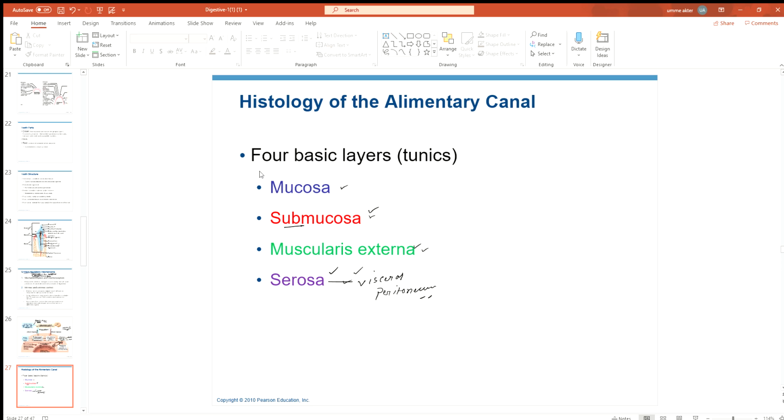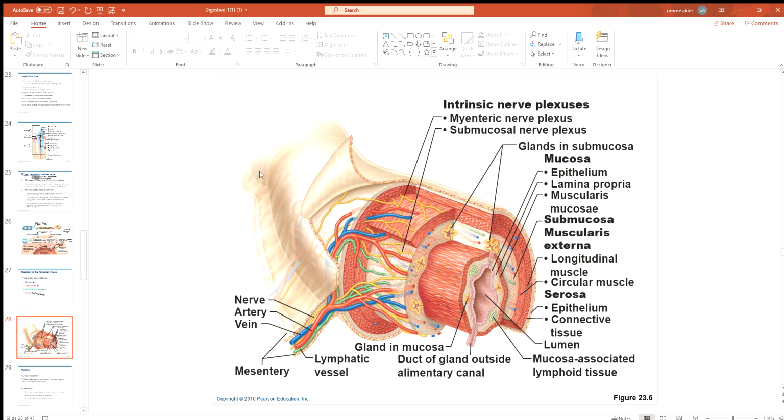This one is for protection, the outermost connective tissue layer. This one is for the contraction, and this one contains the blood vessels, glands, and nerve plexuses. And mucosa is the innermost lining. It also has some glands, and it protects the wall, separates the foodstuff from the wall. So let's see those 4 layers from inside to outside. This part is called the mucosa.